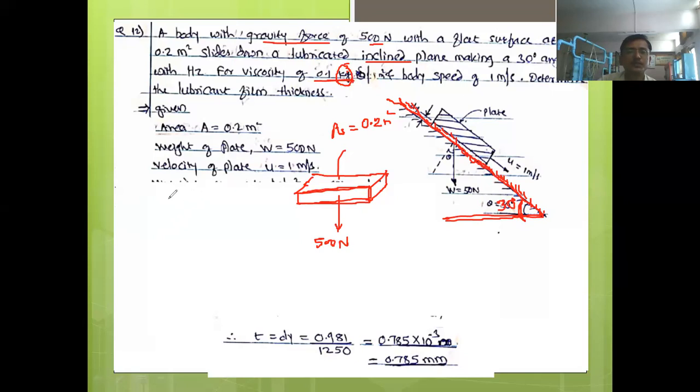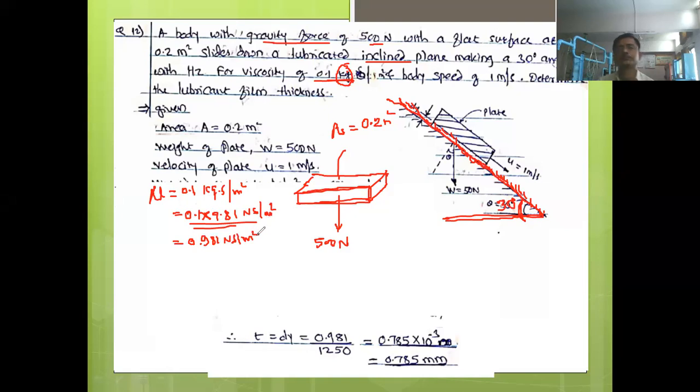So the viscosity mu is 0.1 kg second per meter square, and multiplying by 9.81, its unit will be Newton second per meter square, that is 0.981 Newton second per meter square. This mu is given here.